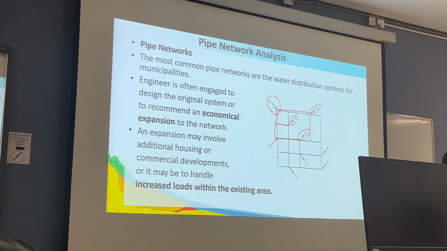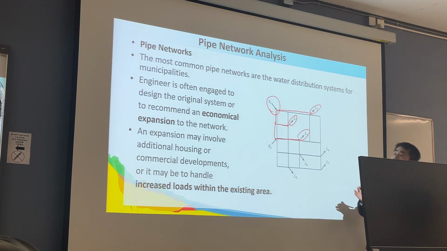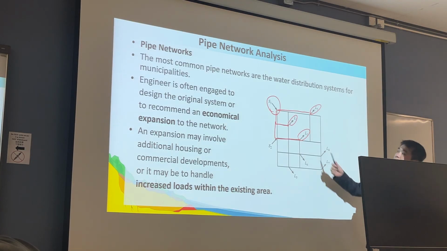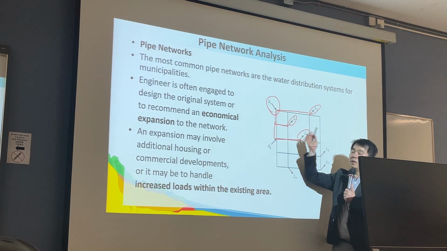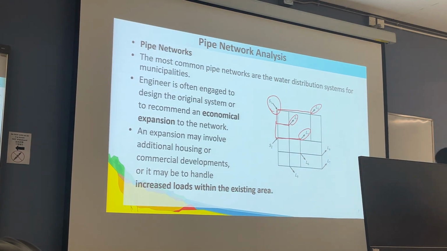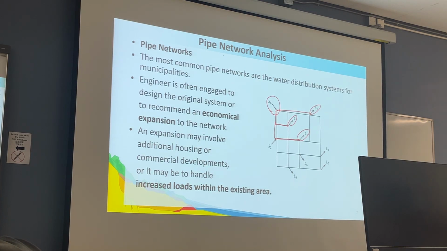Now, this system is the most economic. It's the lowest cost to produce this kind of supply. However, consider if there is suddenly a blockage, or a break in the pipe here.